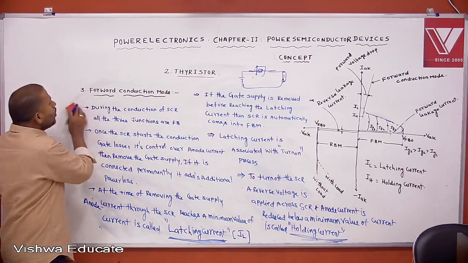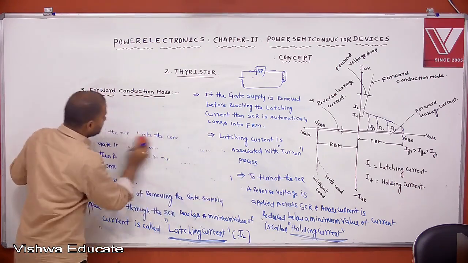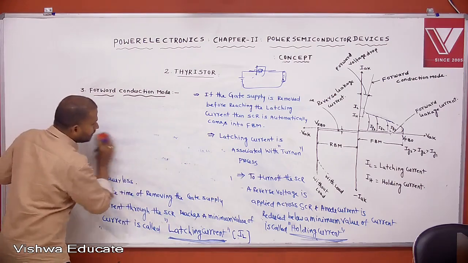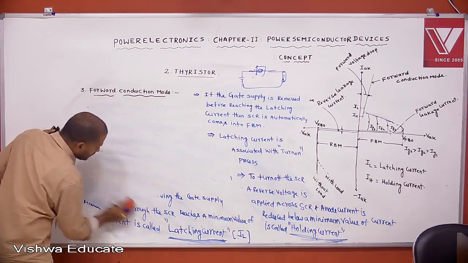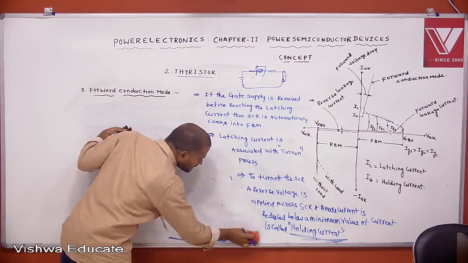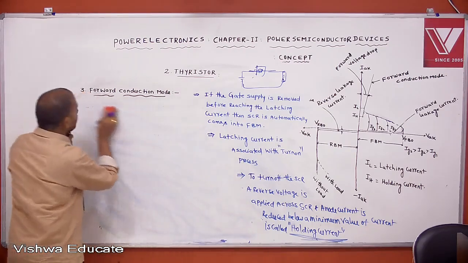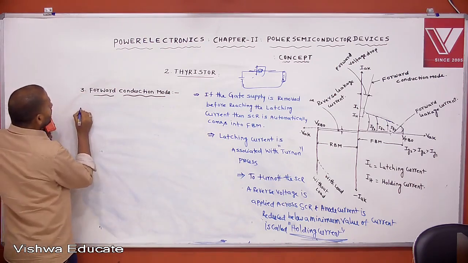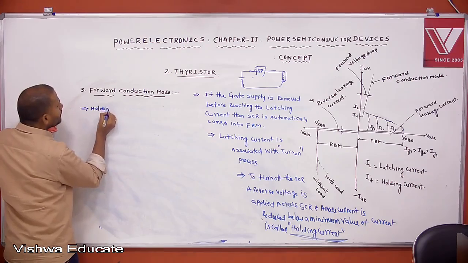Yes, holding current is associated with the turn off process. Latching current is a reference for which one? Turn on. But holding current is the reference for which one? Turn off.